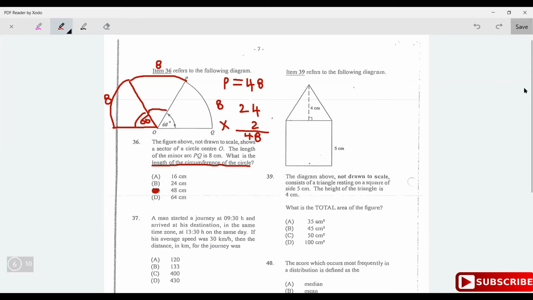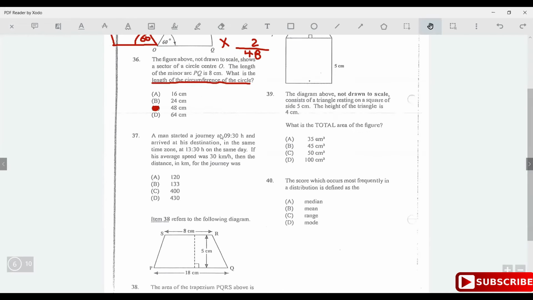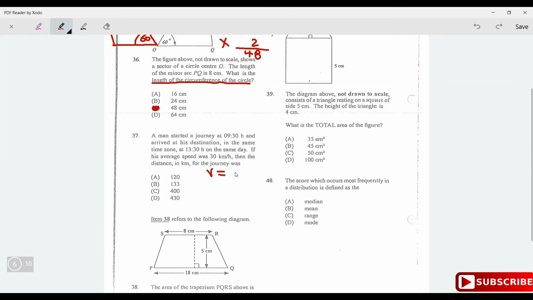Easy question. Question 37 says a man started a journey at 9:30 in the morning and arrived at his destination in the same time zone 4 hours later at 1:30. So the time is 4 hours. If his average speed is 30, then what is the distance he traveled? Well, always start with this. Velocity or speed is equal to distance divided by time.